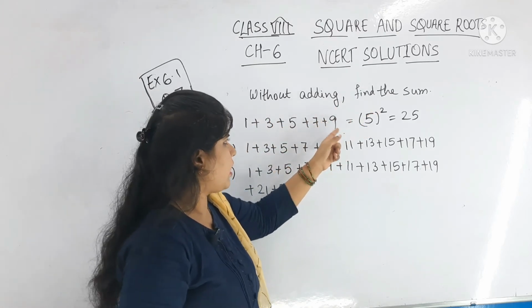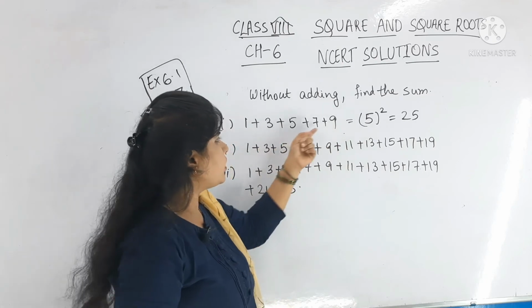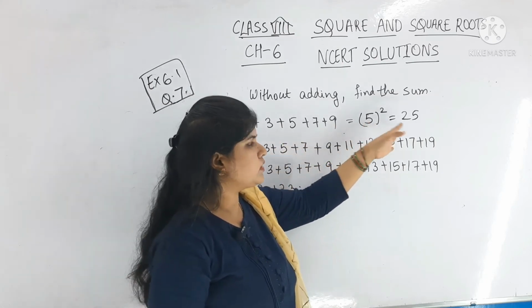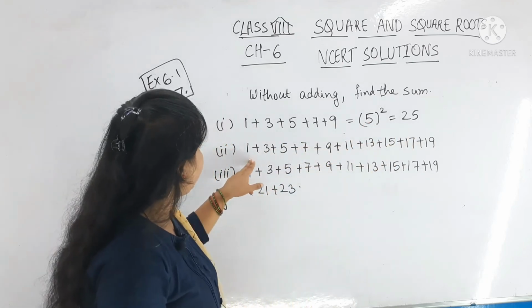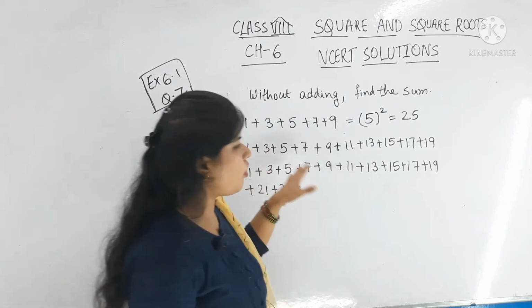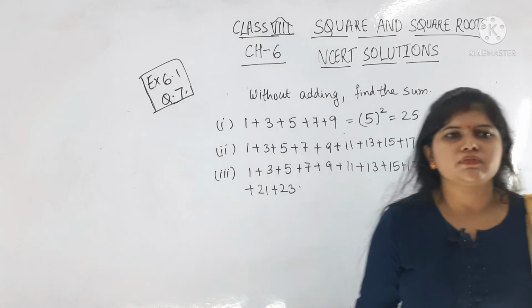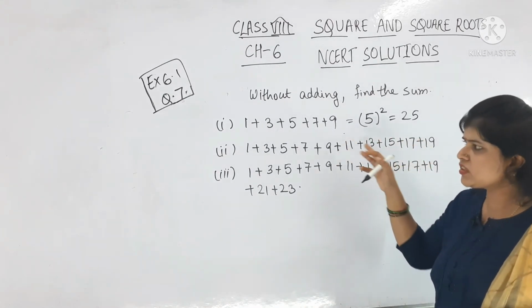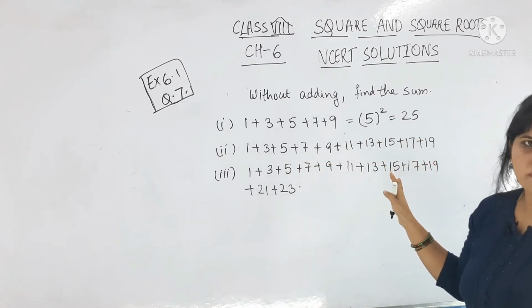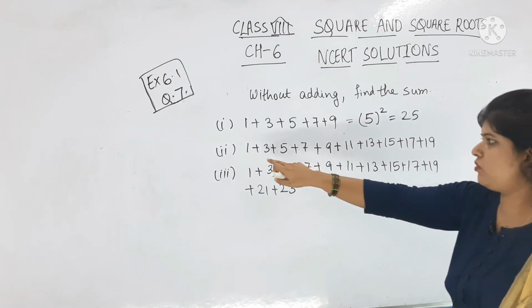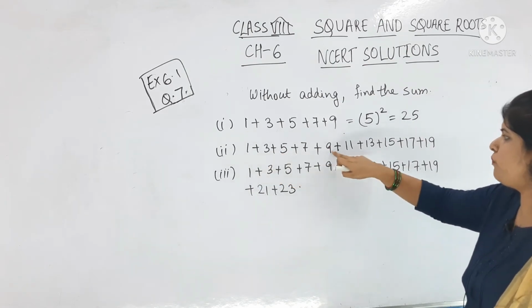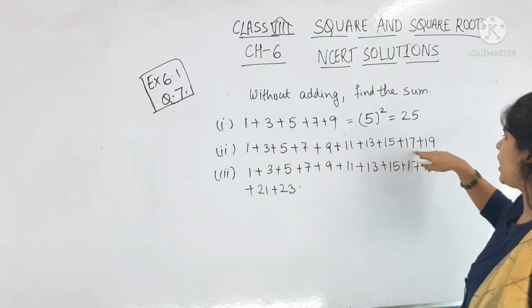So I just write this. This has 5 numbers. 5 odd numbers means 5 square. Here also, 1, 2, 3, 4, these are all odd numbers. So this is the formula: for the odd numbers we can directly square the number of numbers. 1, 2, 3, 4, 5, 6, 7, 8, 9, 10.